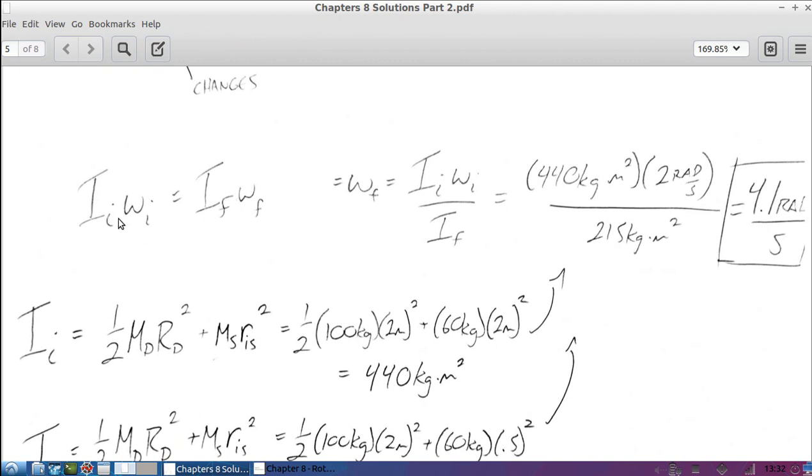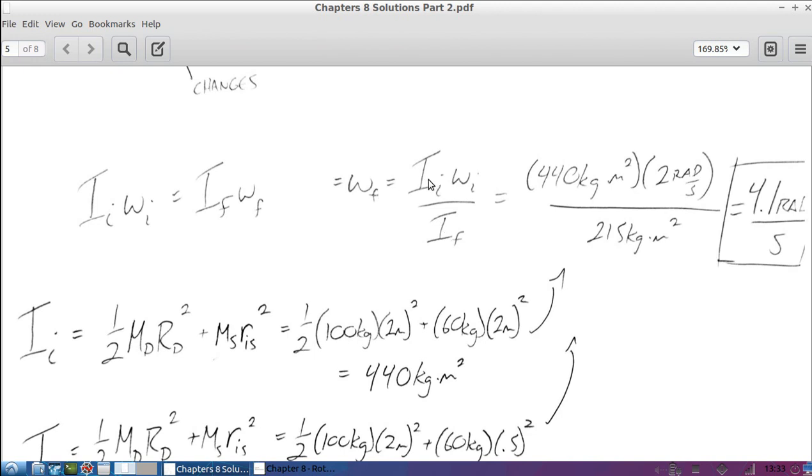Initial angular momentum equals final angular momentum. So I'm just going to start off with an expression for omega final. Let's just divide both sides by I final first. So I've got an expression here for omega final, and I'll be ready to plug stuff in once I actually find out what these moments of inertia are, because I already have the initial angular velocity.